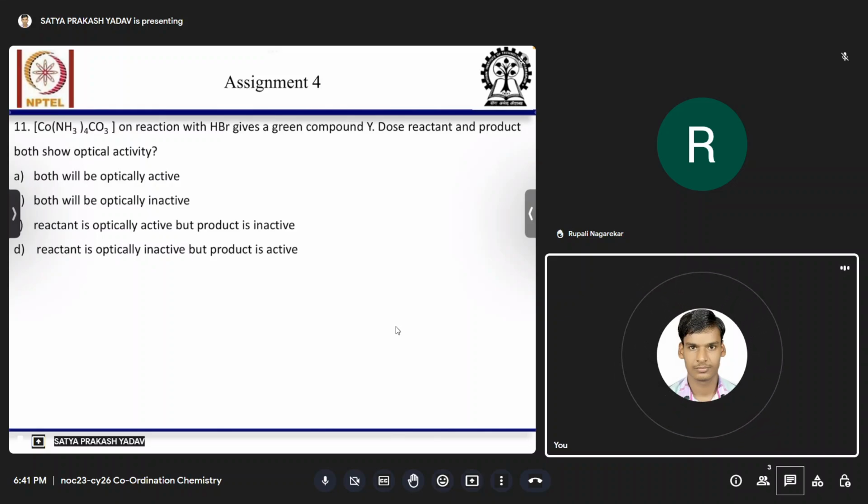[Co(NH3)4CO3] reacts with HBr to give a green compound Y. Do the reactant and product both show optical activity?